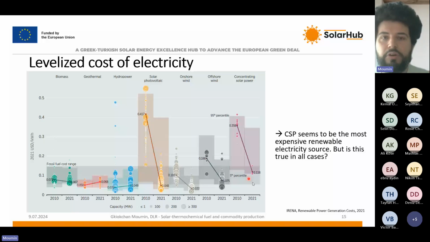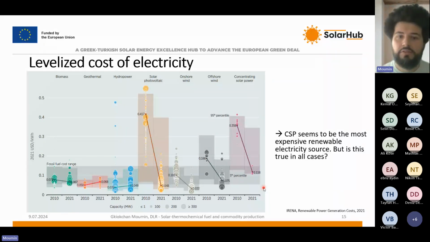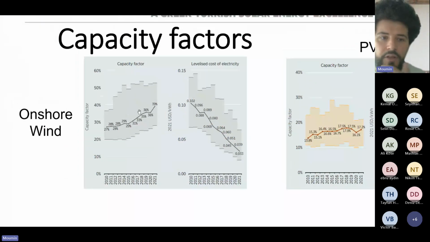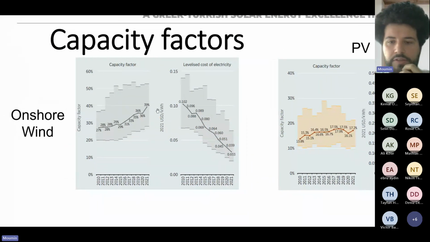Like, what does this number really represent? And for this, you have to look at the capacity factors, like the hours of operation per year, actually. And if you look at the, let's say, other candidates, I would compare here with wind and PV only. So onshore wind, we can see that the capacity factor is up to 40% in the latest installations.